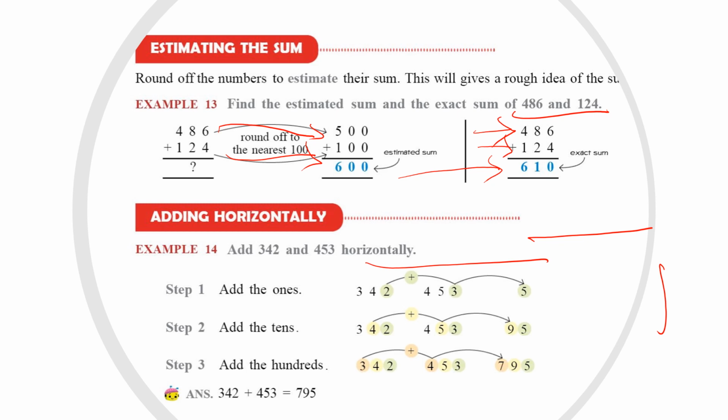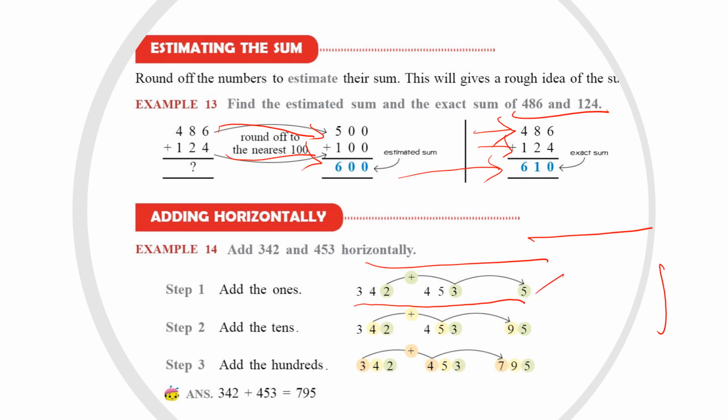In the example, add 342 and 453 horizontally. Write the numbers in the horizontal way, that is 342 plus 453. You have to add the ones place first, that is 2 and 3. 3 plus 2 is 5.